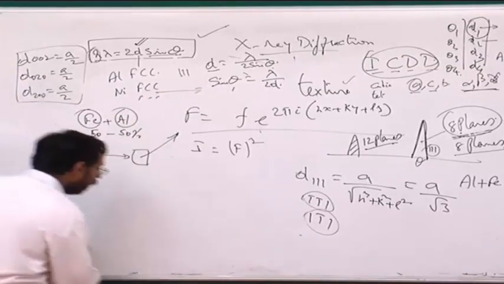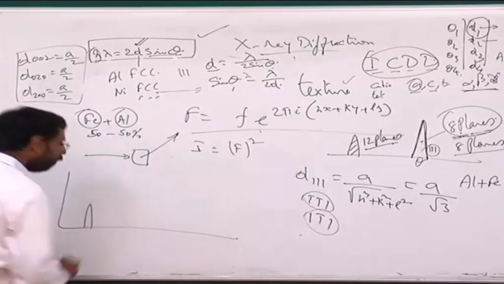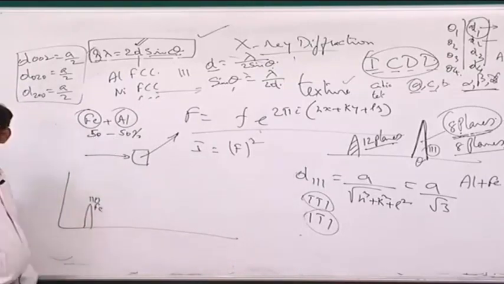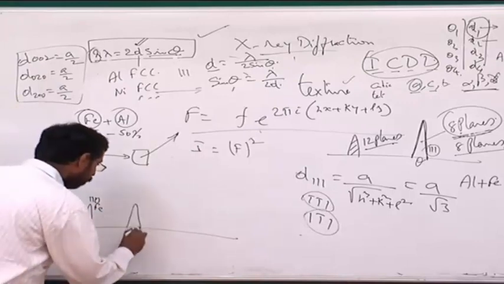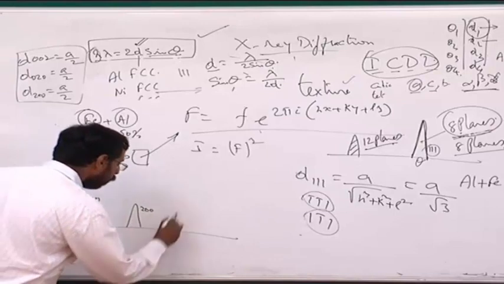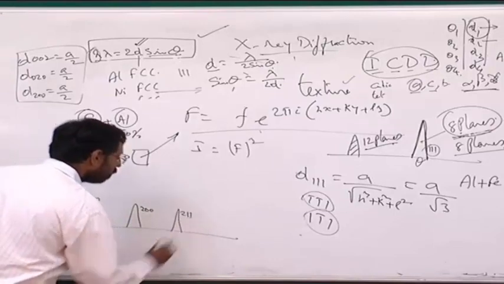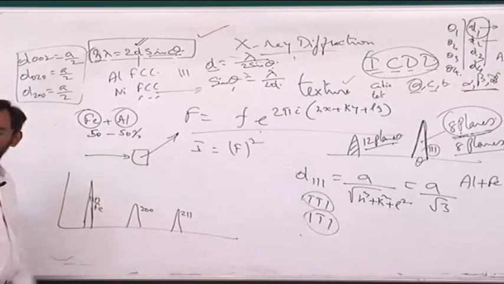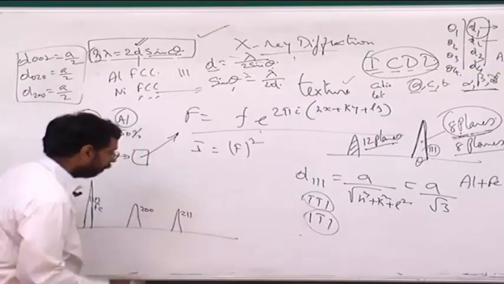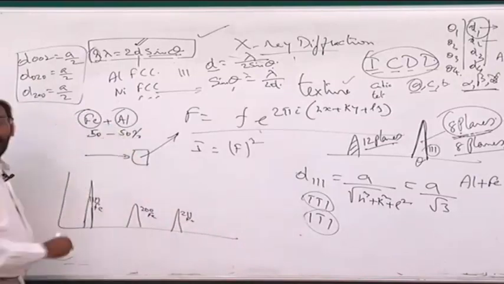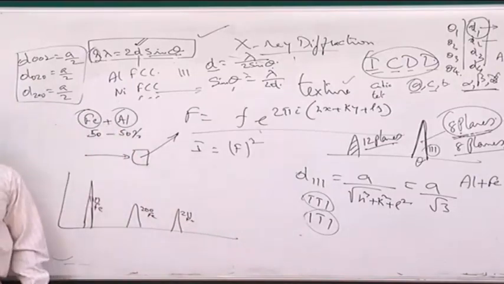So in my XRD pattern, I will have the 110 peak of iron, the 200 peak of iron, the 211 peak of iron. This may be bigger, the first one is bigger, and so on. These are all iron. I will also have aluminum peaks, because this aluminum also is there inside the material.